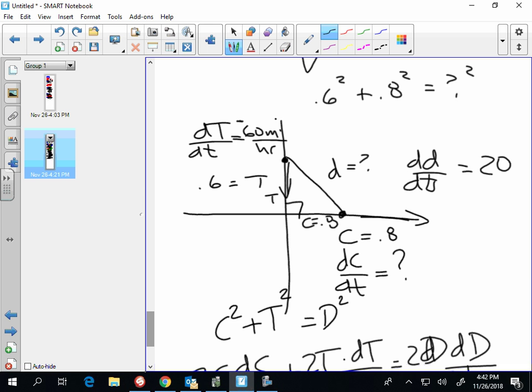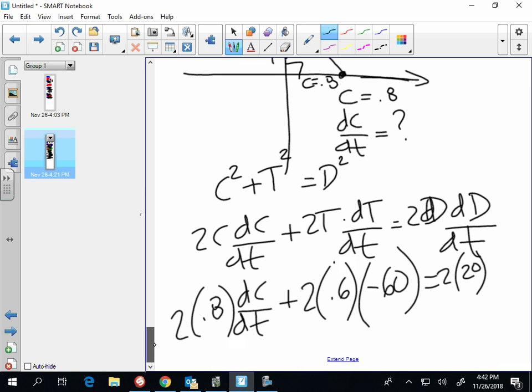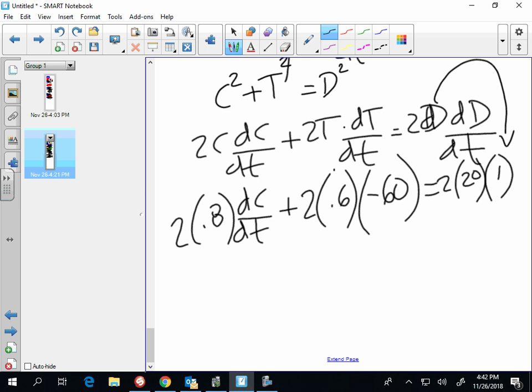Hopefully you recognize that this was a 3, 4, 5 right triangle, or at least a multiple of a 3, 4, 5, and you ended up with d equal to 1 mile. Pythagorean triples show up in these problems a lot. Okay, so I'm going to plug in my 1 for d. It looks like we've plugged in for everything, and we can now solve for dc/dt.